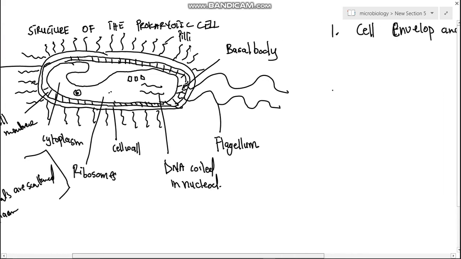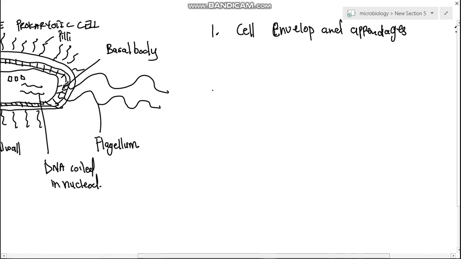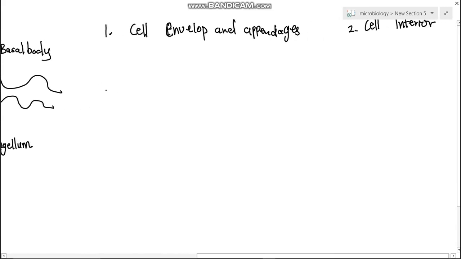Now let's go a little deeper into it. We have the cell envelope and appendages. Under the cell envelope, we have the cell wall and the cell membrane or the plasma membrane.